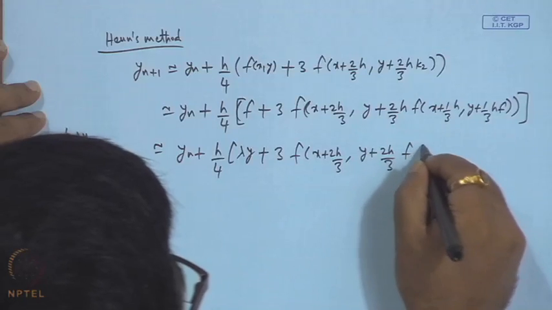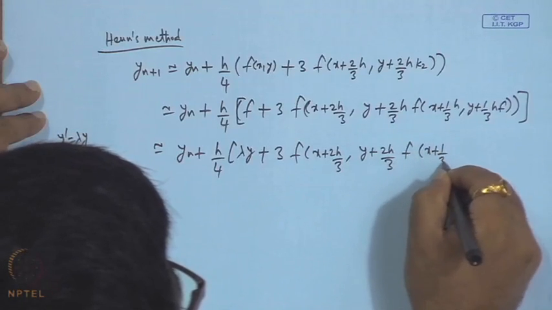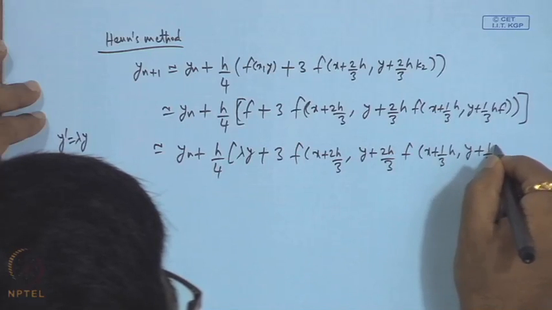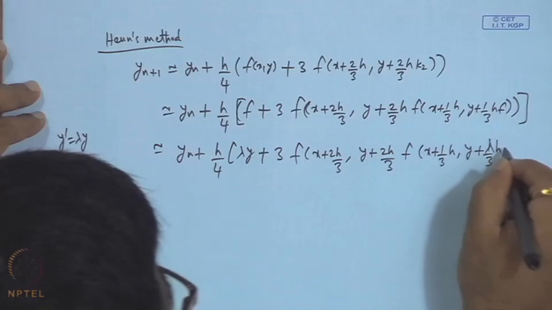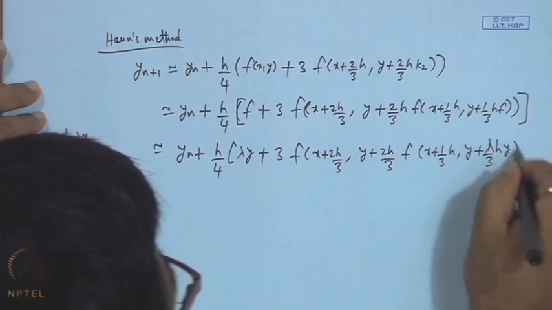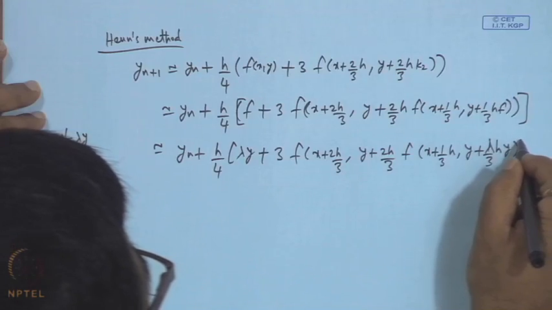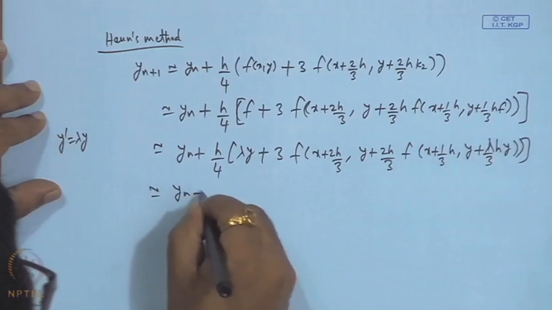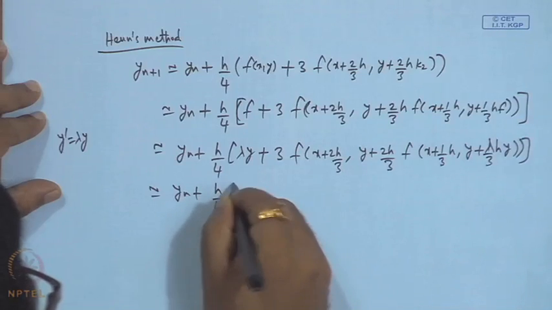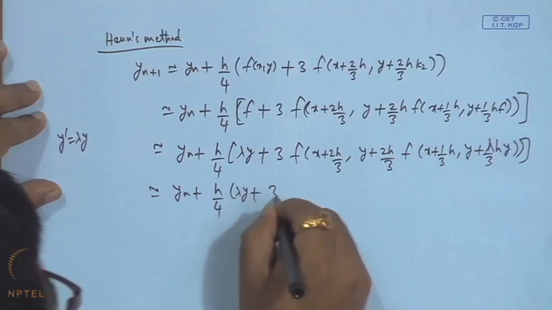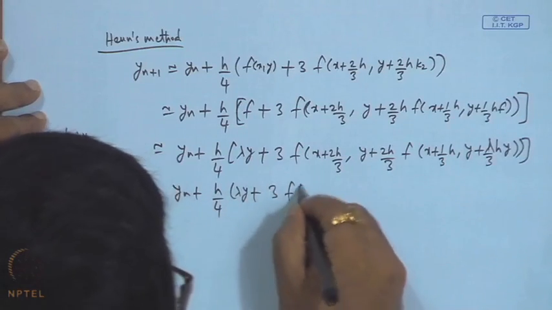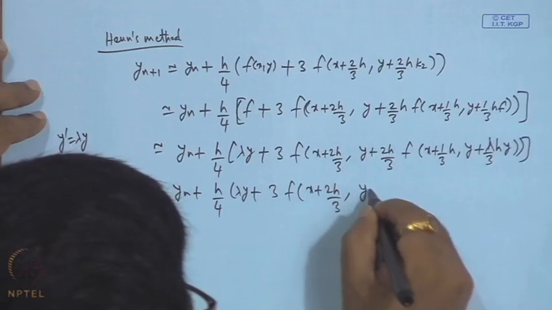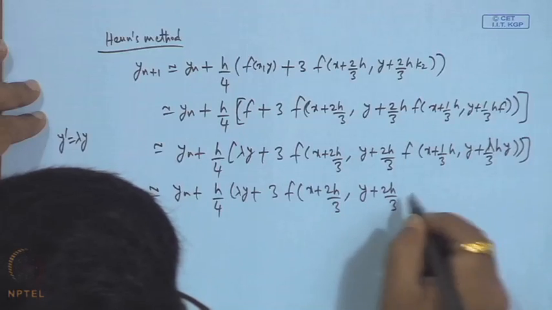So, we have to f of y plus lambda h y. So this is y n plus h by 4 lambda y plus 3 f of y plus 2 h by 3.